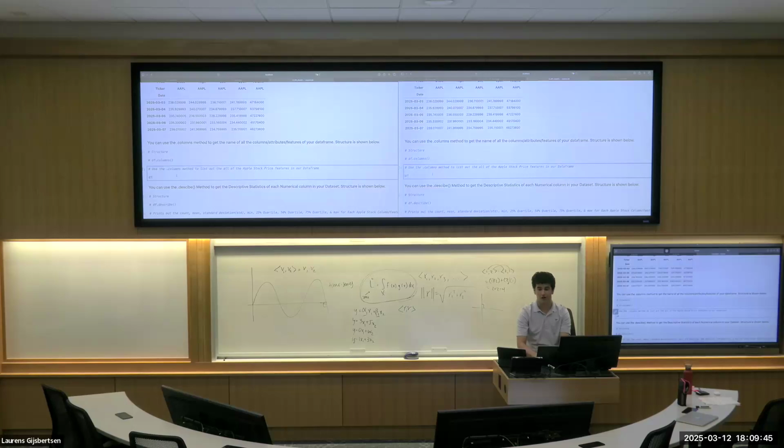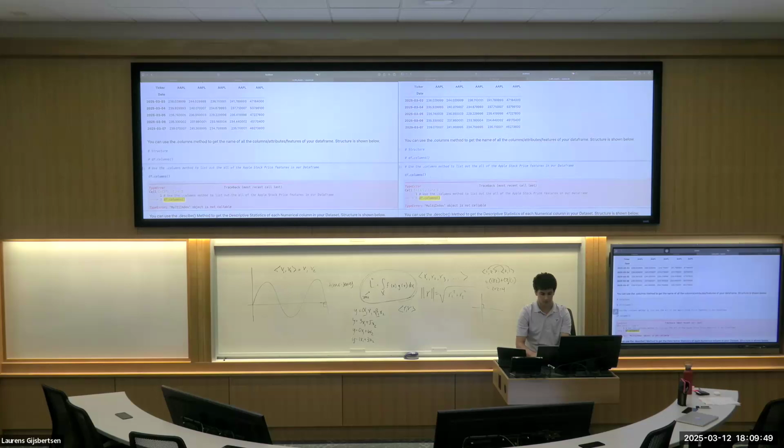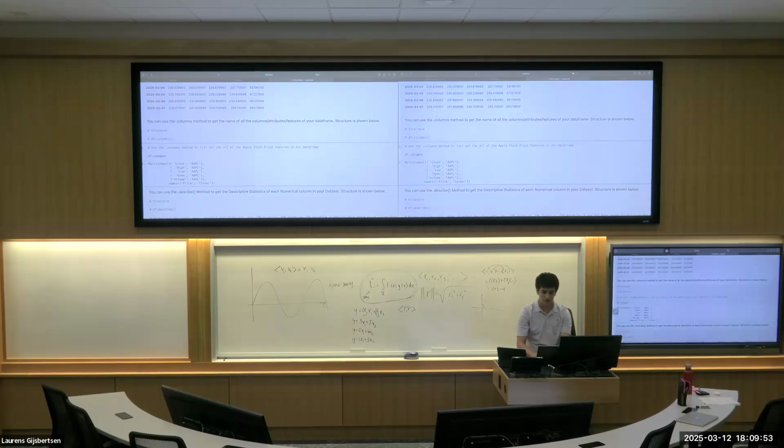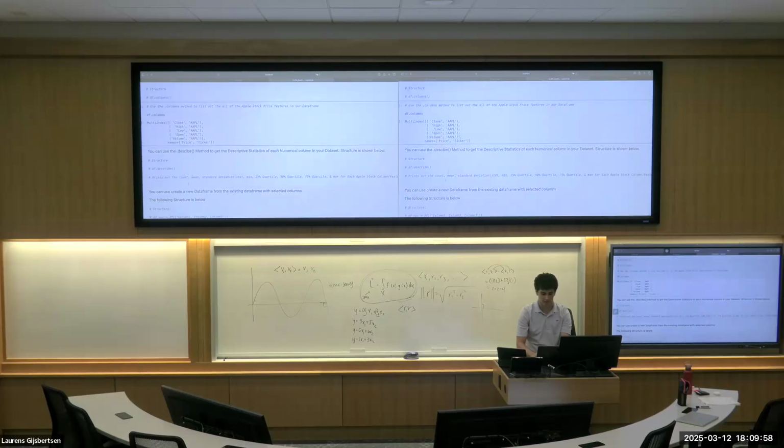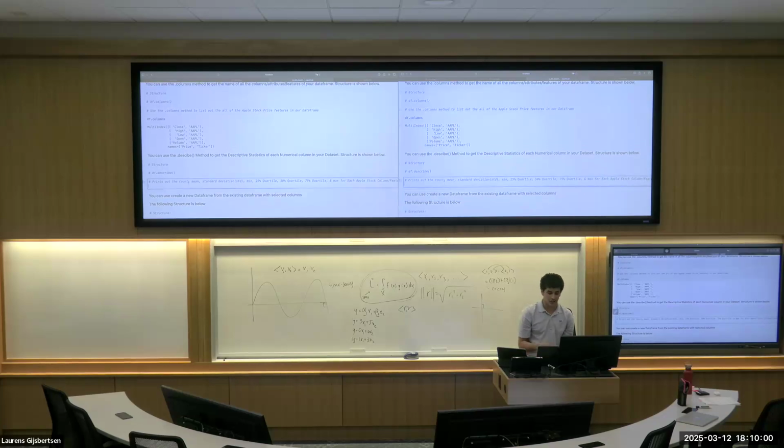If you want to get df.columns, you can get all the features that the data frame has, so all the columns. This one doesn't have parentheses. We get the close, high, low, open, and volume of Apple. Another method in pandas is the describe method.